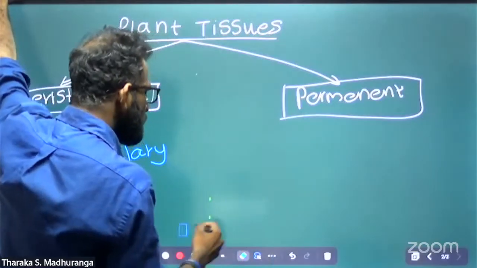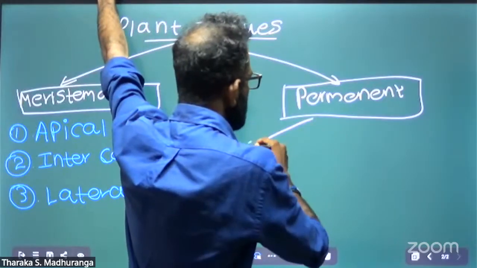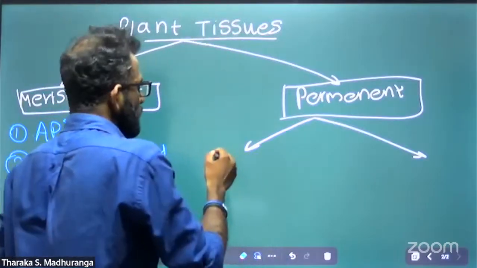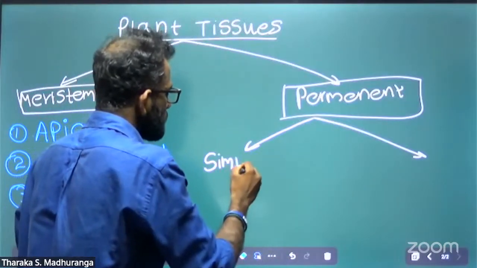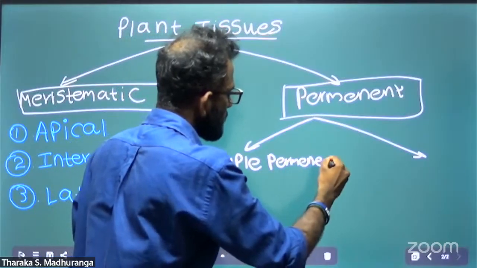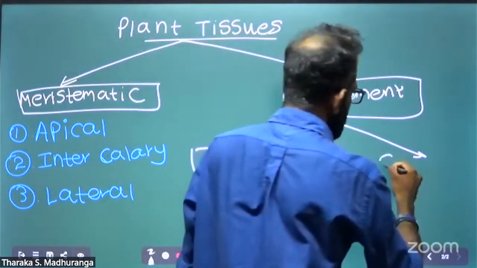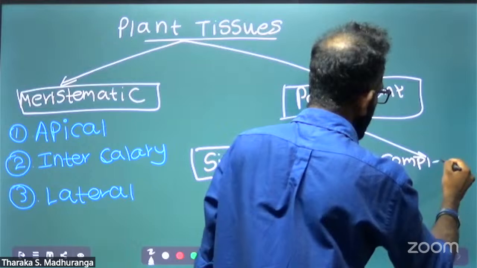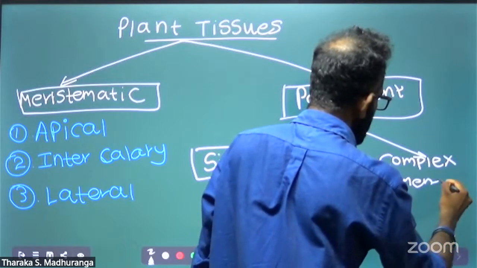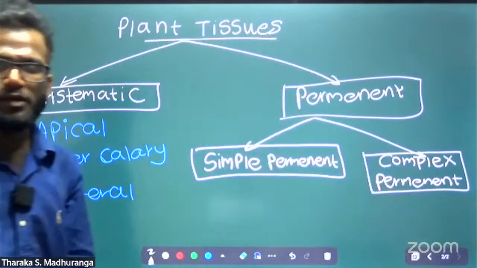Okay, now permanent tissues we can divide into two types: simple permanent tissues and complex permanent tissues.